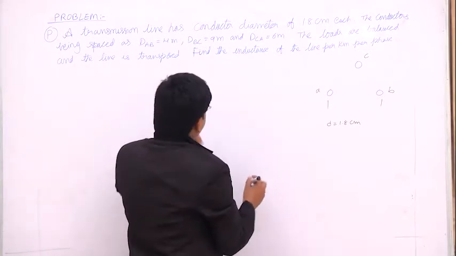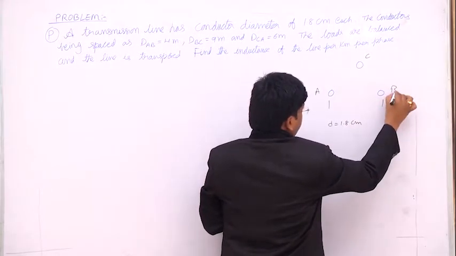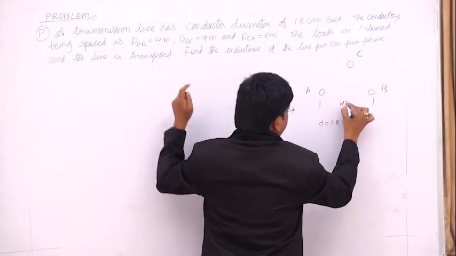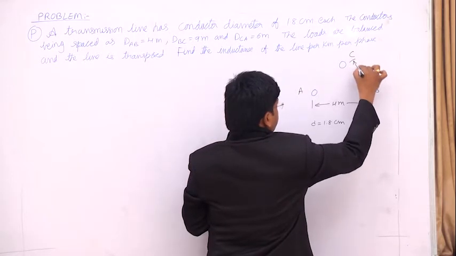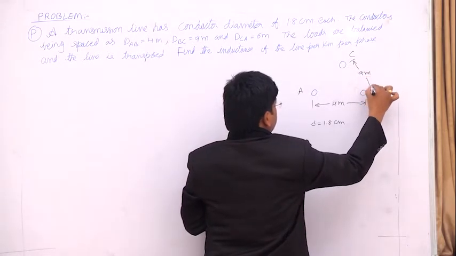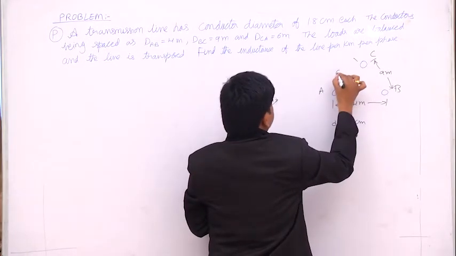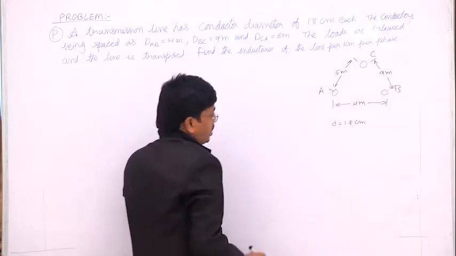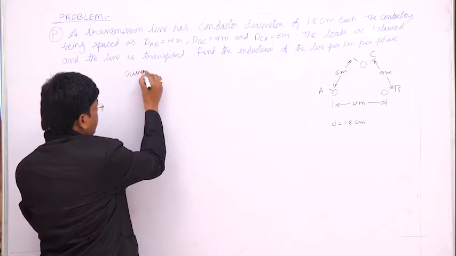The distance between A and B is 4 meters, the distance between B and C is 9 meters, and the distance between C and A is 6 meters. So this is the configuration. Now let us take the given data.